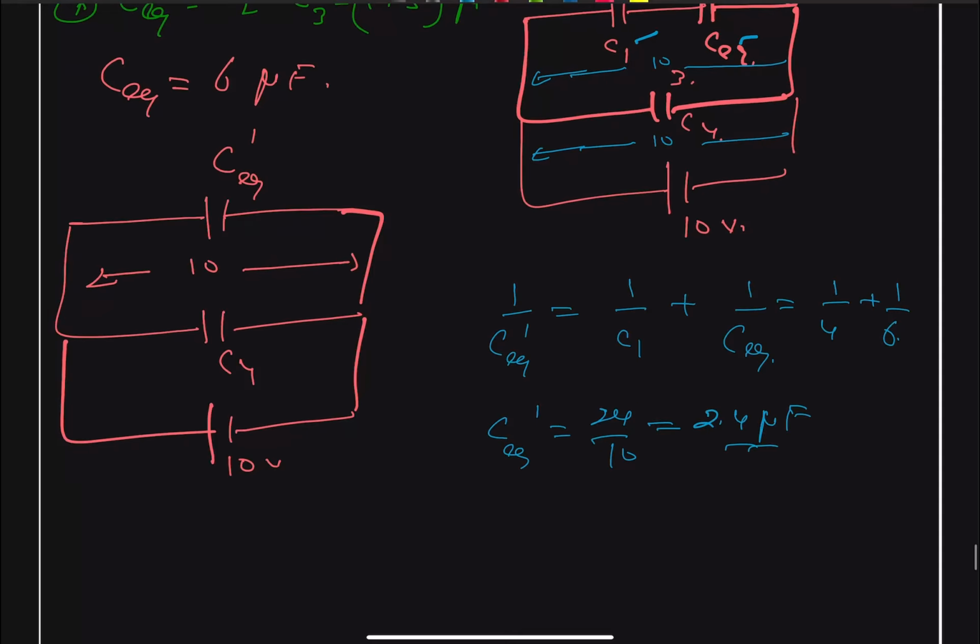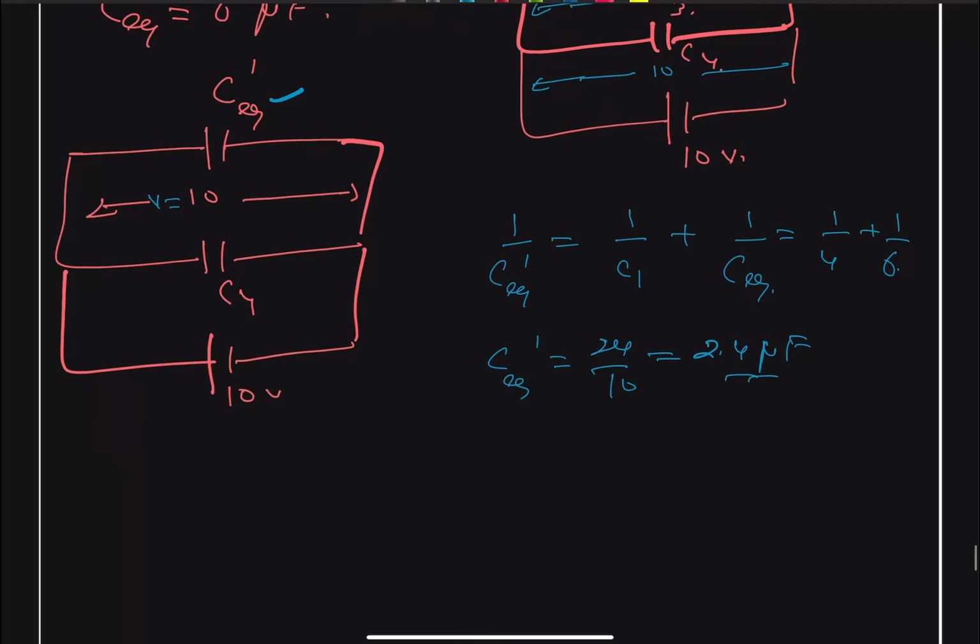So based on this, we know our C equivalent and we know our V. Therefore, we can find out the charge on C equivalent.